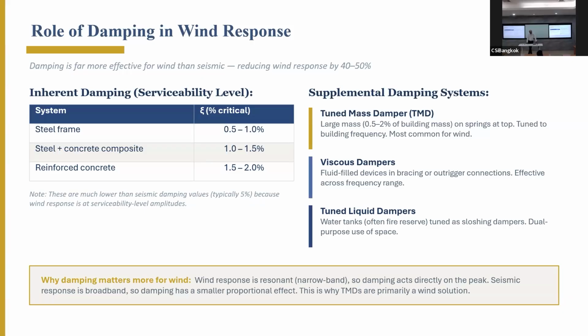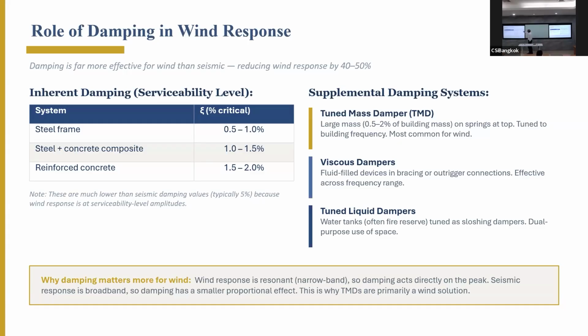So damping is very critical for wind response, and that's why it has to be determined accurately. Normally for many structures, the actual response is determined after the structure is constructed, and dampers are installed after that, not during the design. So dampers are designed once the structure is complete. They get the real damping properties of the structure and then adjust things.